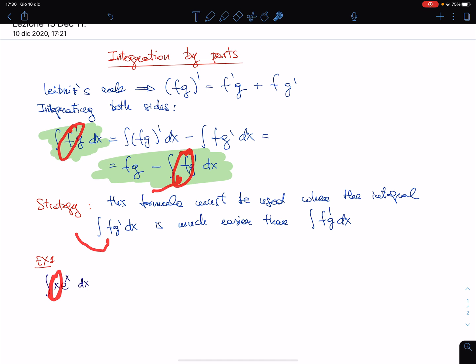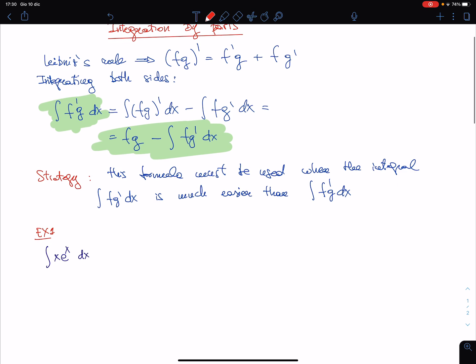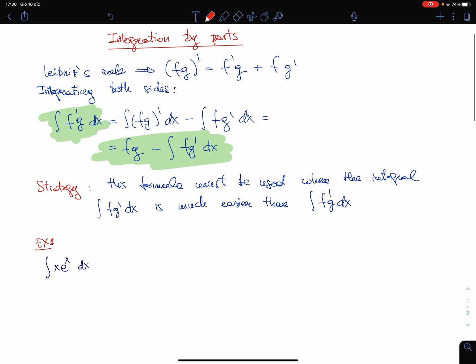Vice versa, if x is taken as g, then we have to differentiate it, and it will disappear because x, after differentiation, becomes 1. So let us see it directly. We choose g as x. So x will play the role of g in the formula, and e to the x will play the role of f'.